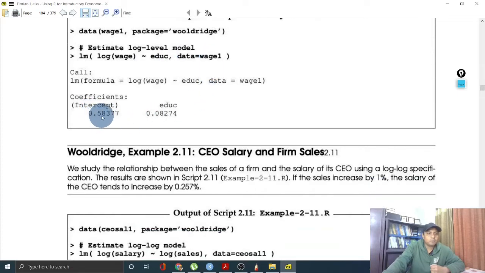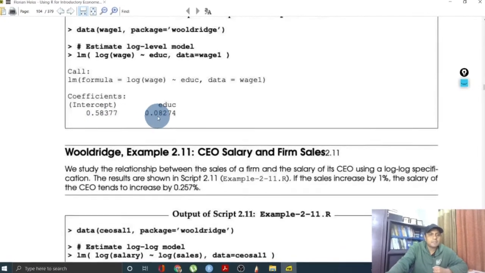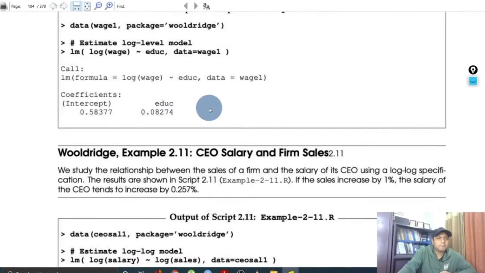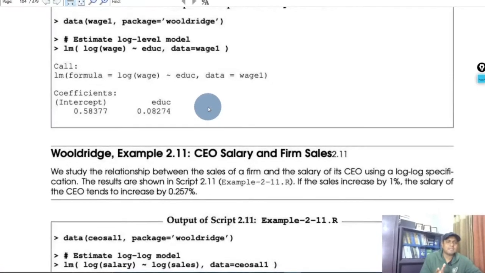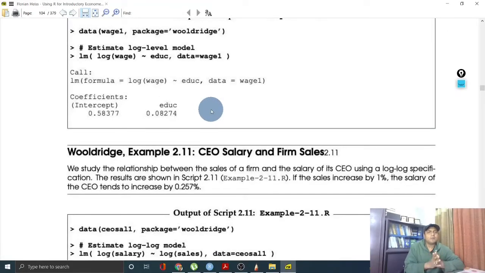The intercept is 0.58 and the education variable gives 0.08, which means that one more year of education will increase the wage by about 8%. So basically a change in the education status of any worker enhances the wage rate by 8%. That's the relationship between wage and education.